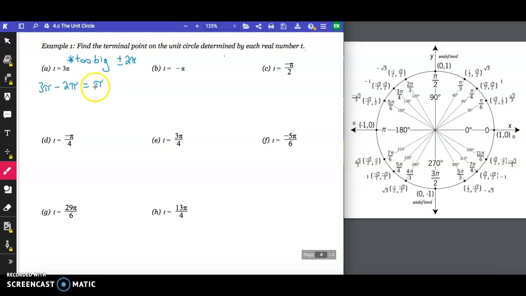And then now I can look on my unit circle and say, okay, at pi, do I have just a pi on here? Oh, I certainly do. And so my terminal point is the point that's located at that angle. So my answer for this question would be the terminal point -1, 0. And that would be my final answer.